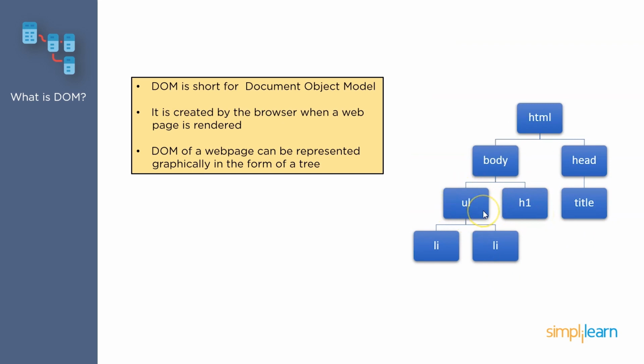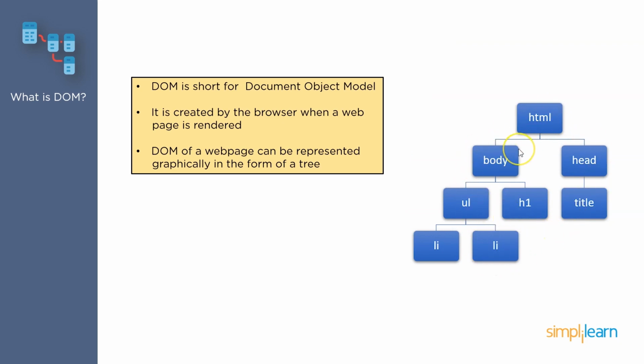So in this example, you can see an H1, which is a heading tag. We also have another element, which is an unordered list, which consists of two list items. Now, these two list items are the child elements of this particular unordered list, and the list is in turn the child element of body, which is the child of the root HTML parent element.